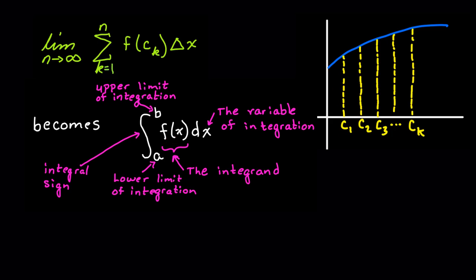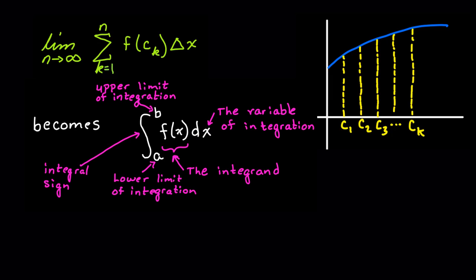F of x, that's just from right here, that is the height of our rectangles, and then dx is the same thing as delta x, which is the base of your rectangles. Now, in your integral, this is called your integrand, and whatever your variable is right here, that's the variable of integration that you're going to have.